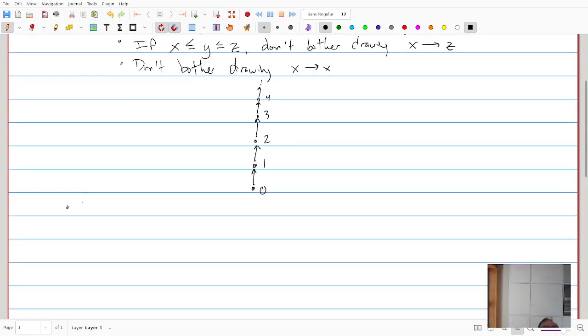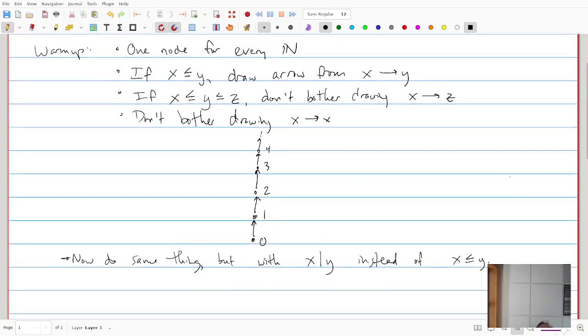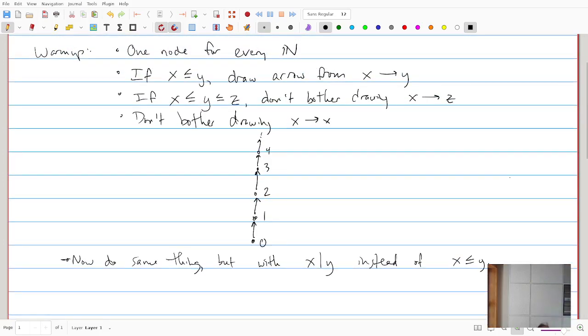So we're going to do the same thing, but with x divides y instead of x less than or equal to y. In other words, I'm going to have a node for every number. If x divides y, I'm going to draw an arrow from x to y. And if x divides y divides z, I'm not going to bother drawing an arrow all the way from x to z. I'll just have 2 arrows in a row.